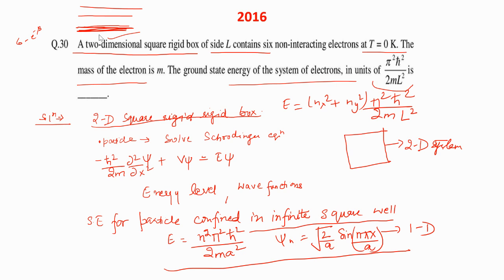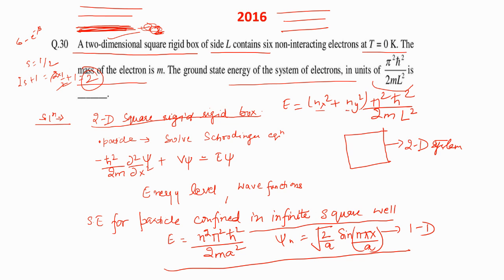No two electrons can have the same set of quantum numbers, right? So in the case of an electron, s is equal to 1 by 2. Okay, so 2s plus 1 is equal to 2 into 1 by 2 plus 1, which is equal to 2. So that means each quantum state can be occupied by only two electrons, right?